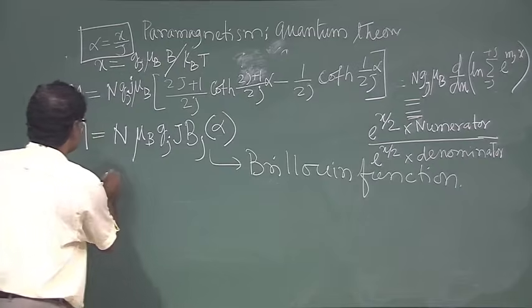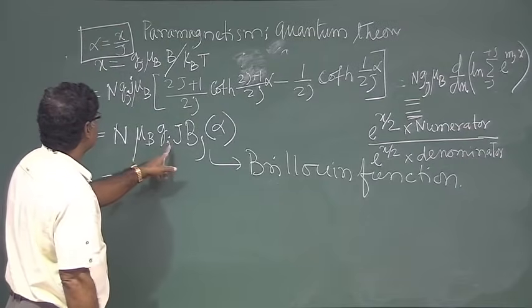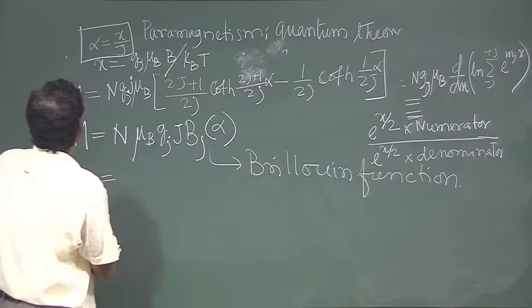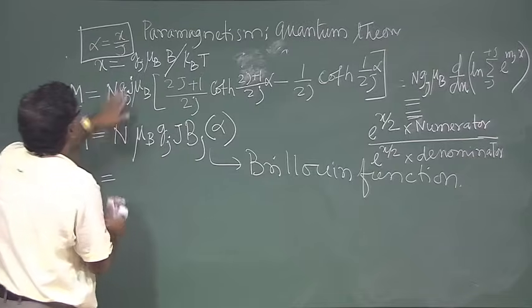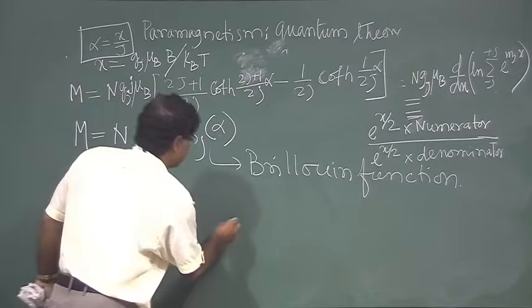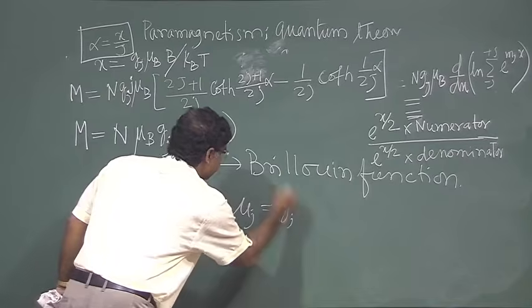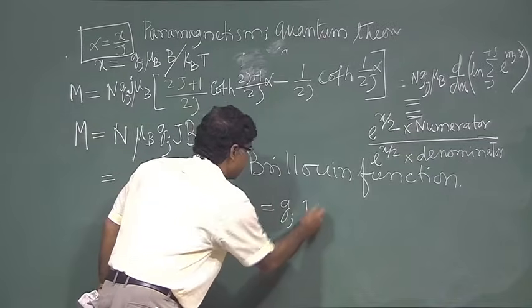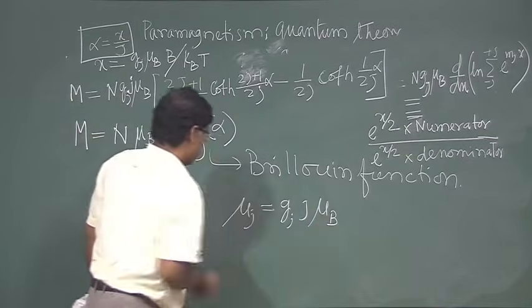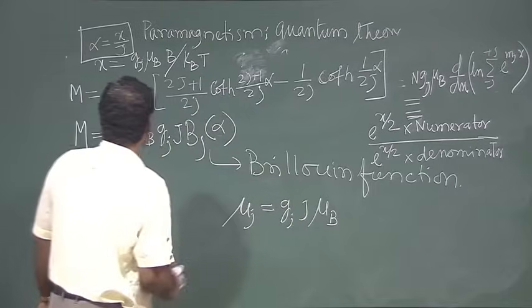And you see here, in principle I can write this Gj. What was mu j? I just did, mu j was Gj j mu v, right? Mu j equal to Gj j mu v.